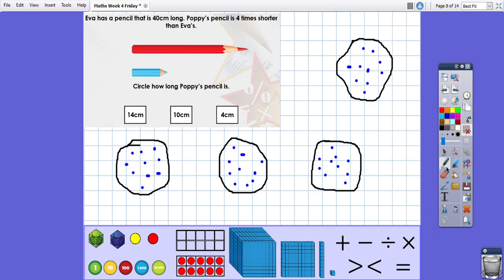Now, some of you will be able to do 40 divided by 4 in your head because you know your times tables, which is absolutely fine, but some of you prefer to draw it out, which is why I have done it this way.